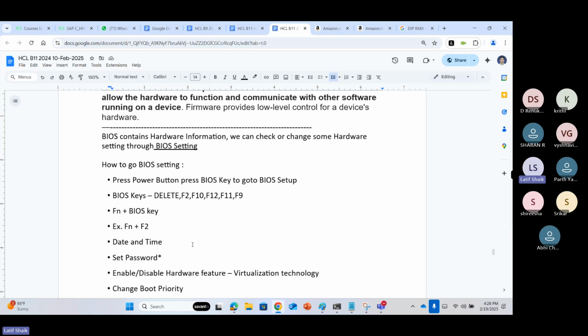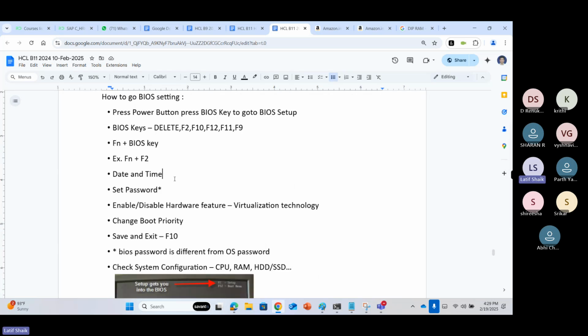In BIOS, your hardware information is there. You can enable or disable some hardware features in the BIOS. You have your boot priorities in your BIOS. So the continuous running of date and time is done by your BIOS only.